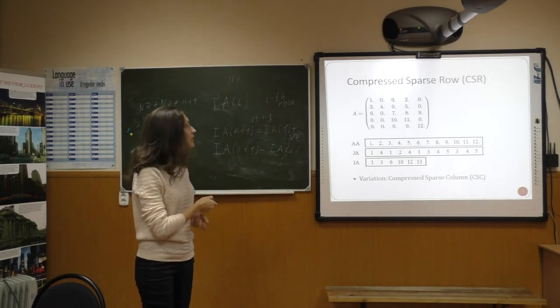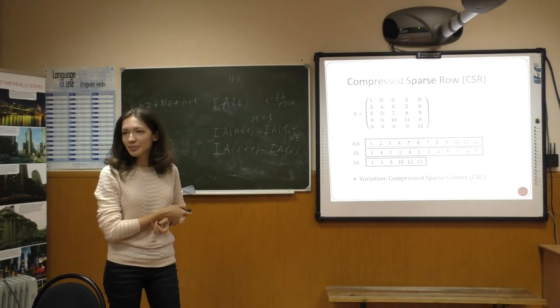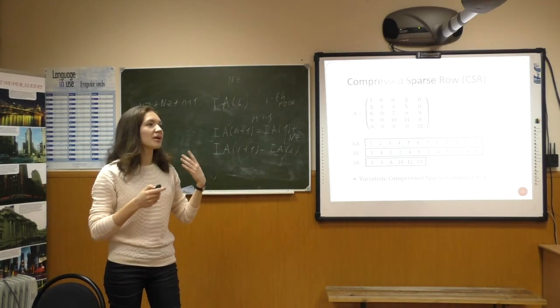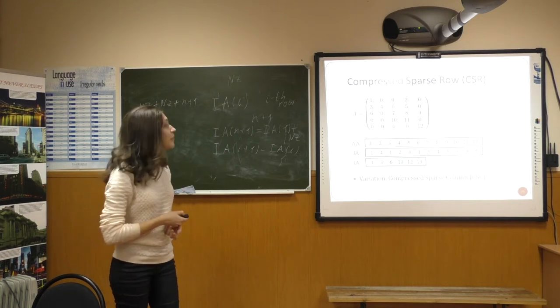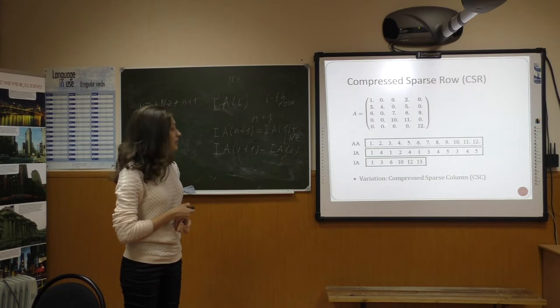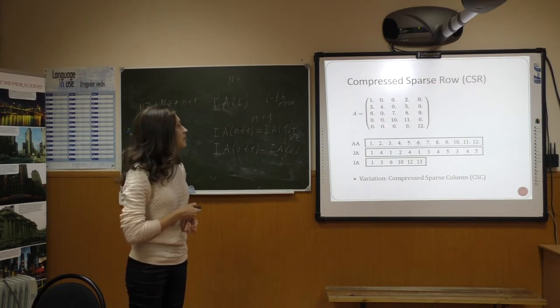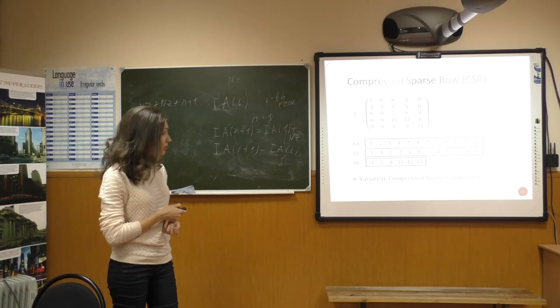Okay, in this example, as I have already said, the dimension of the matrix is not very big. But if we think about a matrix 100 by 100, it will make sense. Okay? So again, the interesting case here is when, for example, we can have a row with all zeros.